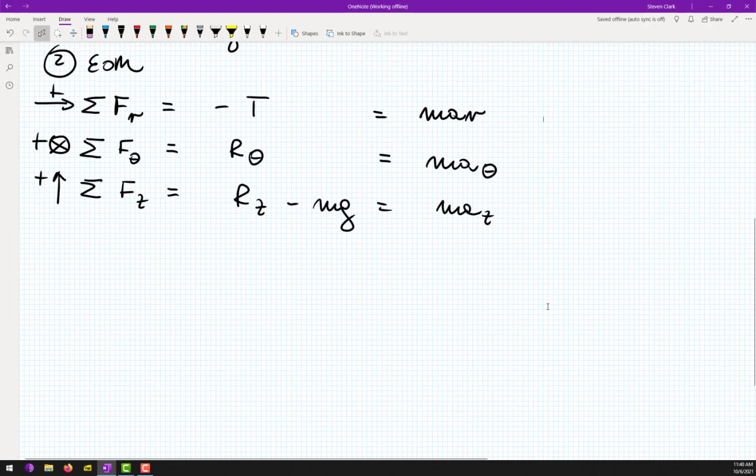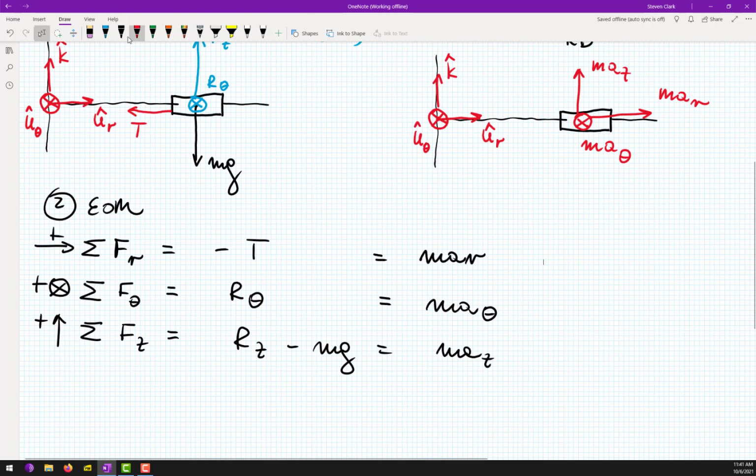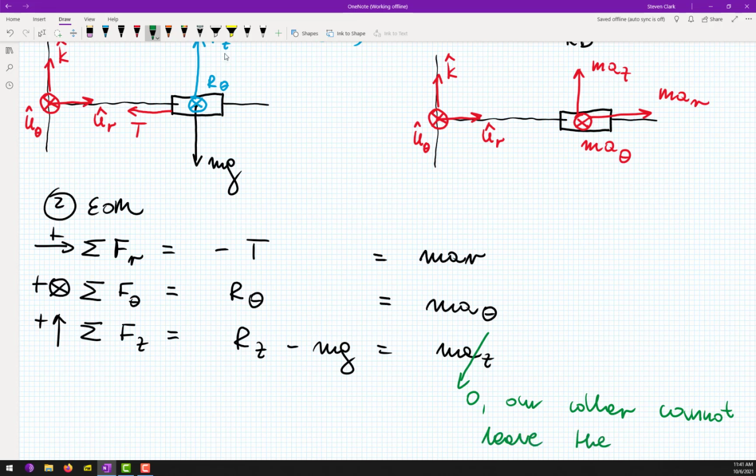Brian, was it you who said that MAZ is 0 last time? Yes, so what is the value of AZ this time? It's also 0 again. Exactly what Brian said, this is 0 because our collar cannot leave the horizontal plane.